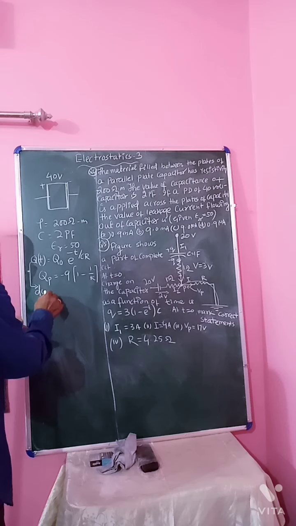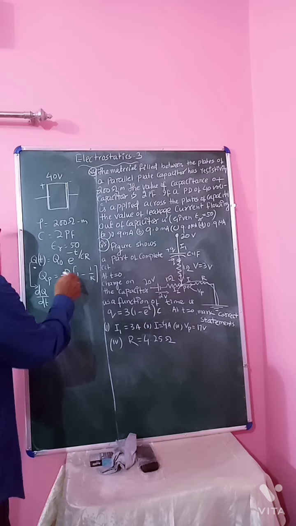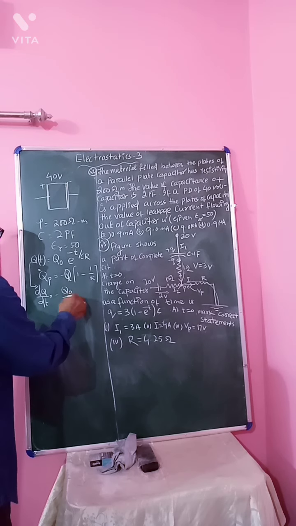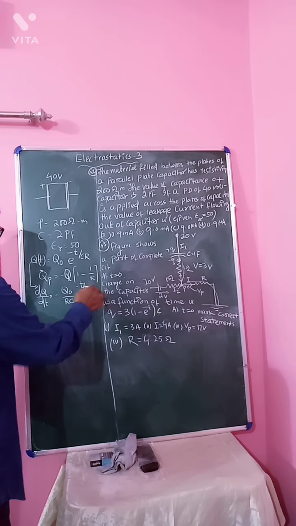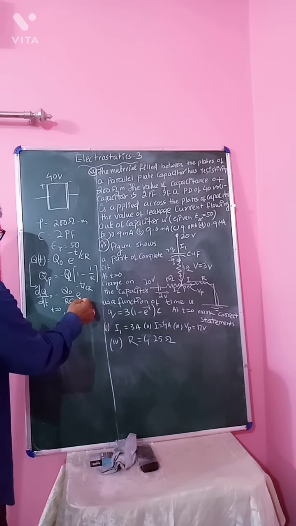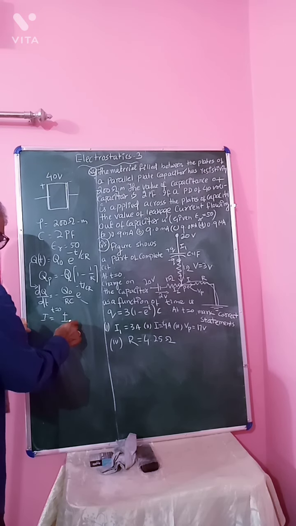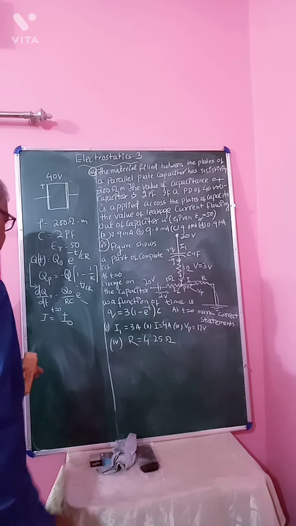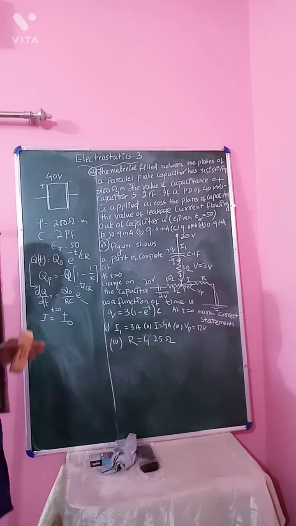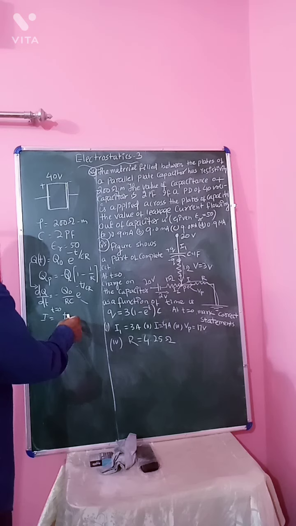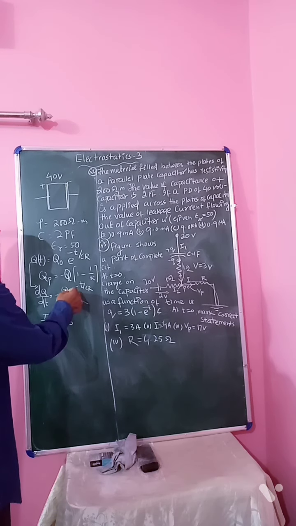So let us find out. Differentiate this expression, dq by dt is minus Q0 by RC e to the power minus t by RC. At time t equal to 0, this is 1 and current equal to I0, negative sign, so the direction is opposite to the charging current. Now this is the discharging current, I equal to I0, where I0 is the maximum current, which is equal to Q0 by RC.